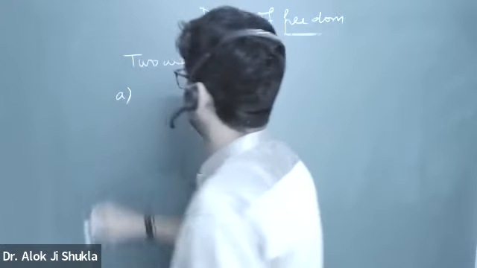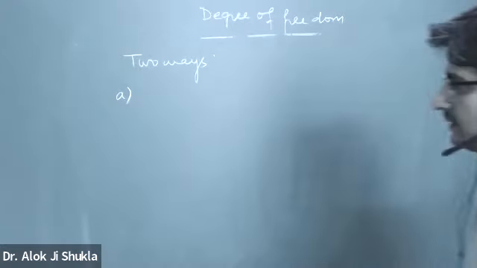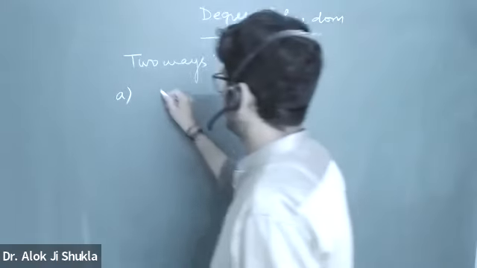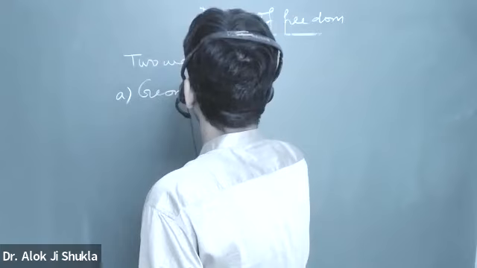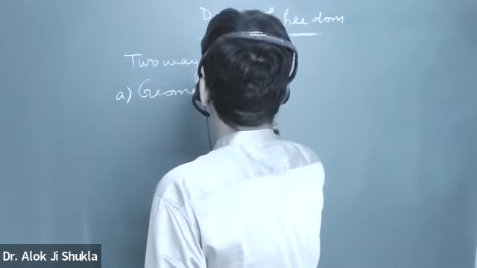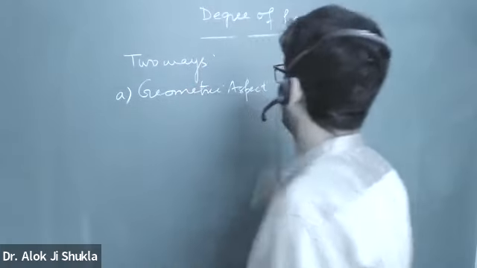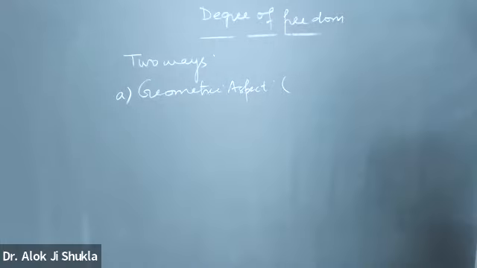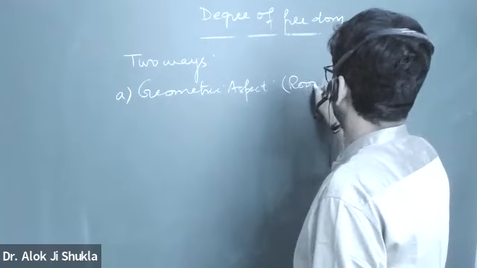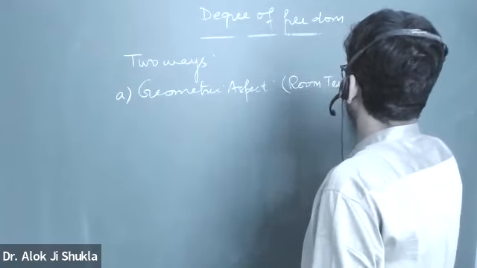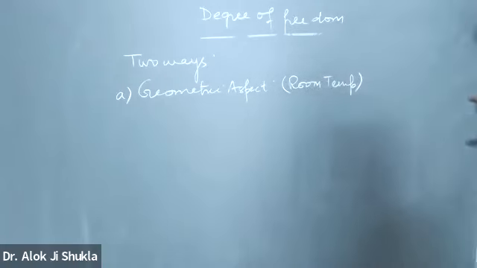The first one just considers the geometric aspect. And this only goes well up to room temperature. At higher temperature, this geometrical aspect cannot be considered for degree of freedom.